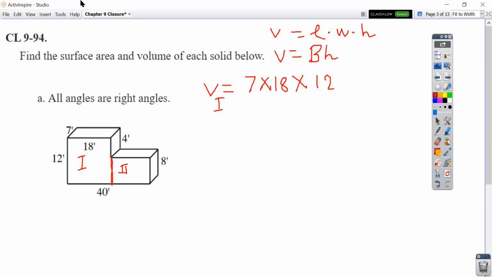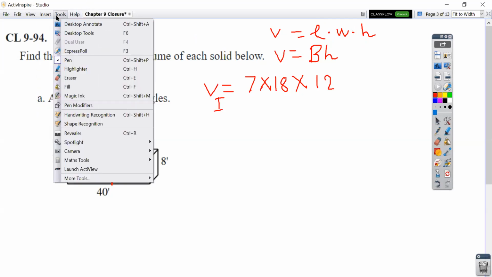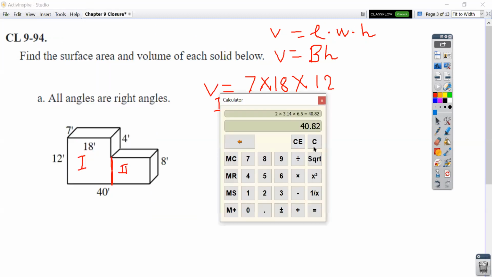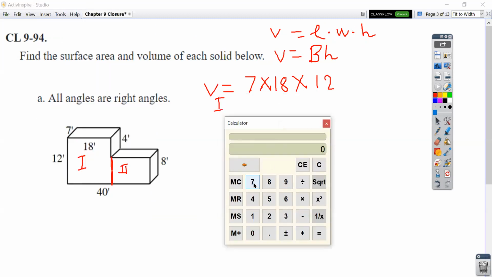So when you multiply them all together, 7 times 18 times 12, you should get 1,512 cubic units.